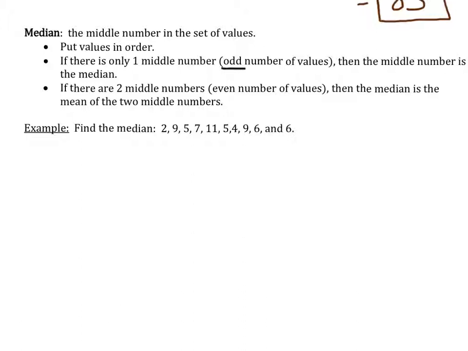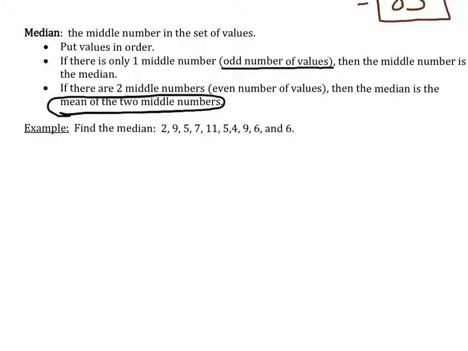However, if we have an even number of values, there are going to be two middle numbers. In order to find the median, we have to find the mean of those two middle numbers. So it's two cases here.